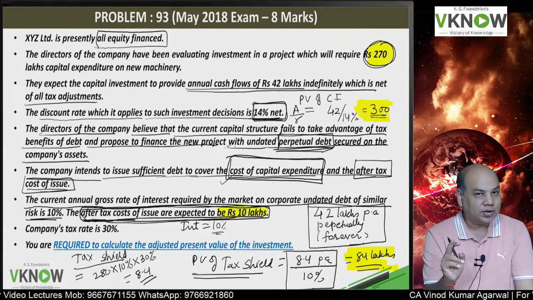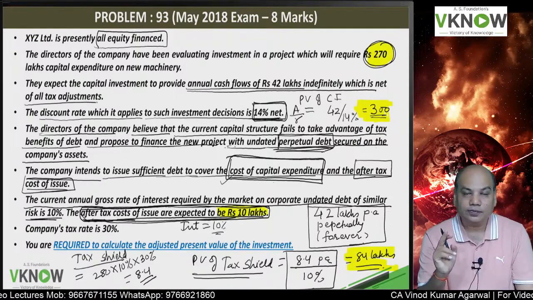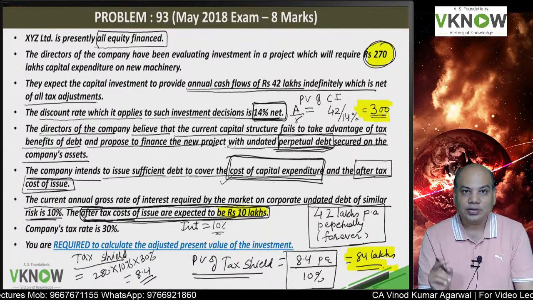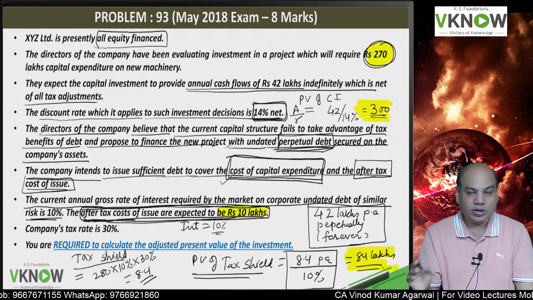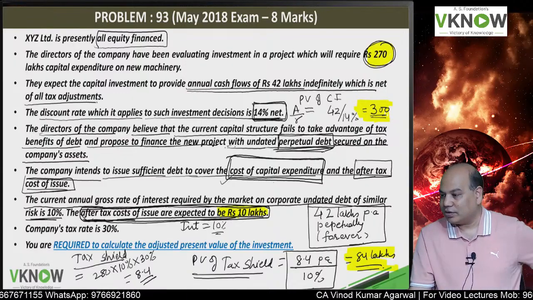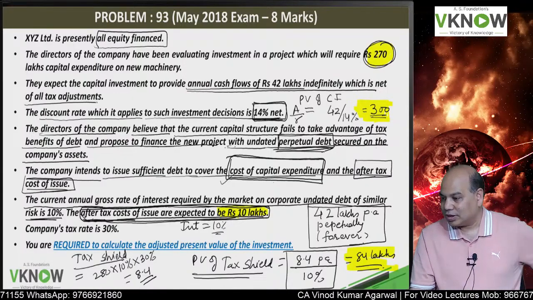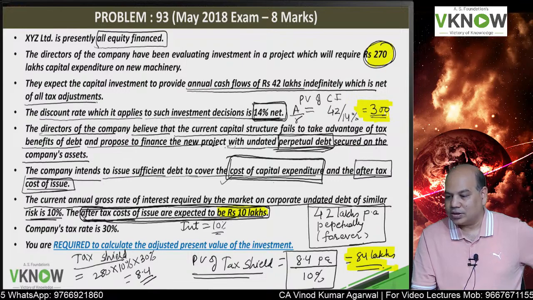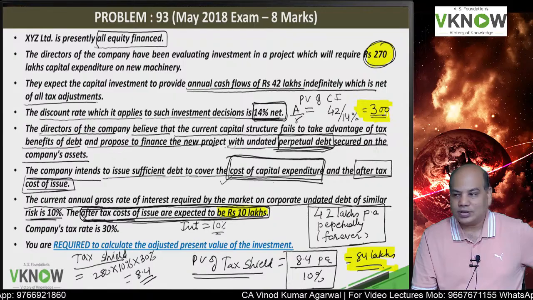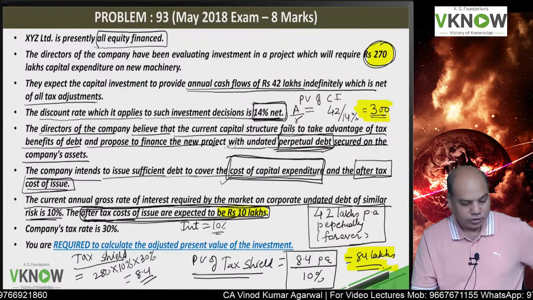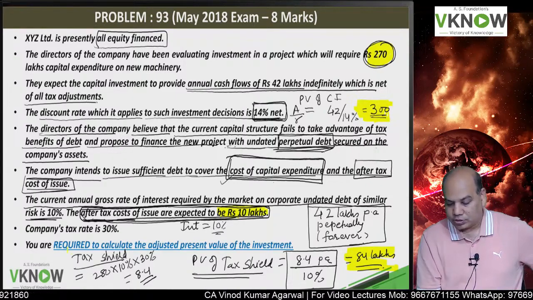So what would be the final adjusted present value? 30 plus 84 minus 10, that is 104.